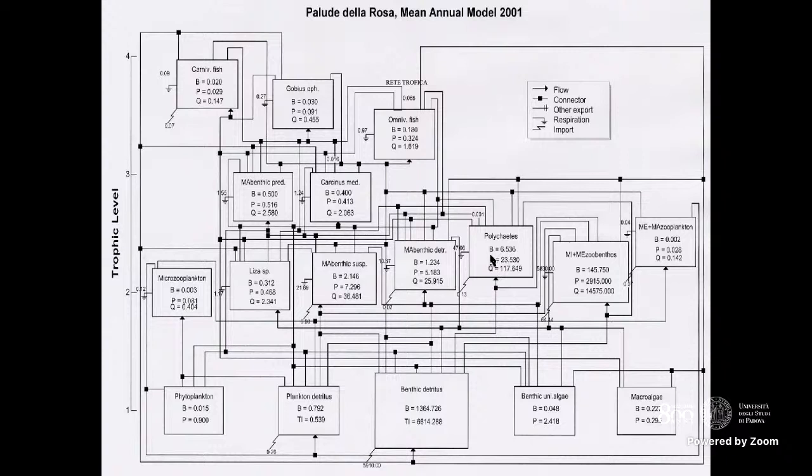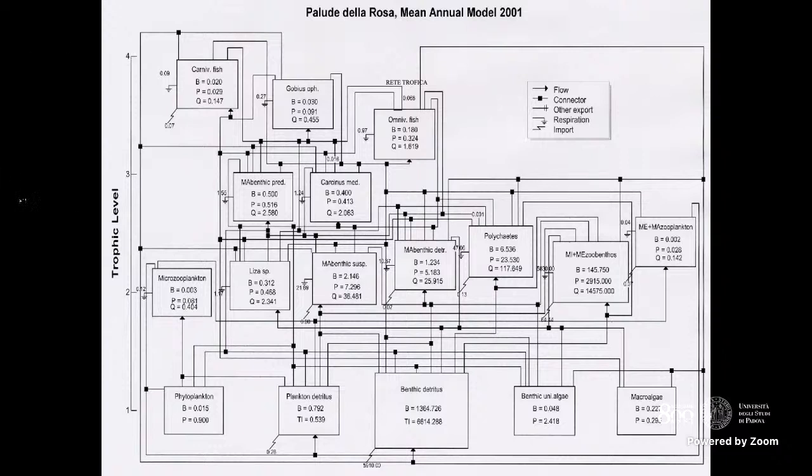So in the Palude della Rosa, we have identified 17 clustered groups, boxes, and we are trying to describe the interaction in terms of predation and production for each box.